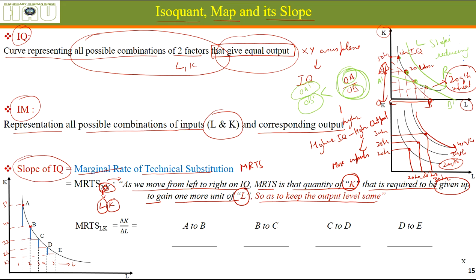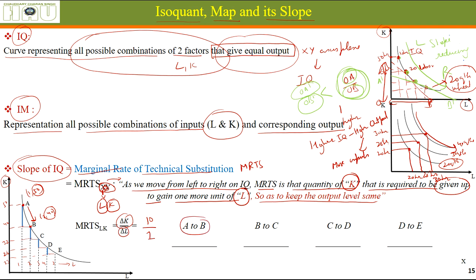So at this point the points are 1 comma 50, and from A to B, if you try to move from left to right on the same isoquant, this becomes 2 comma 40. How much units of capital, that is machine labor, have we given up from moving A to B? Delta K is 10 and delta L is 1.